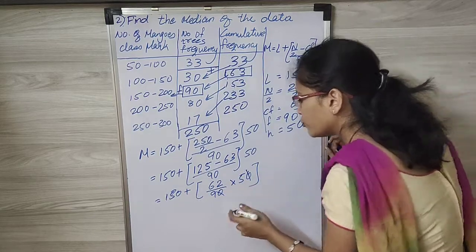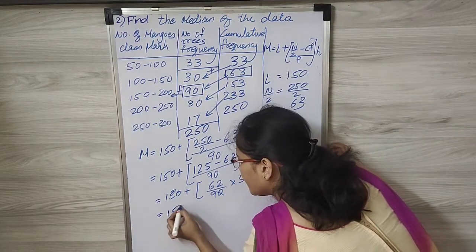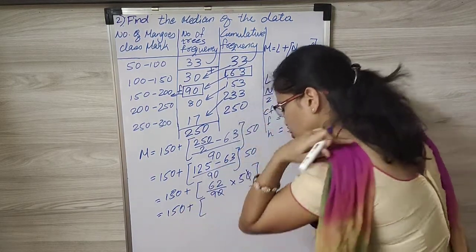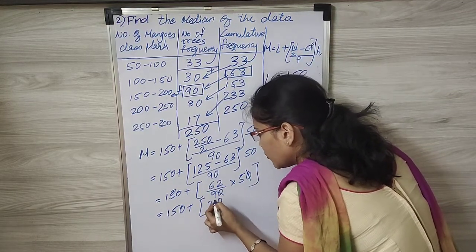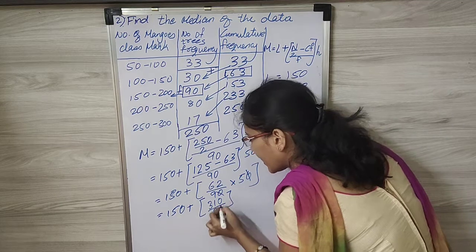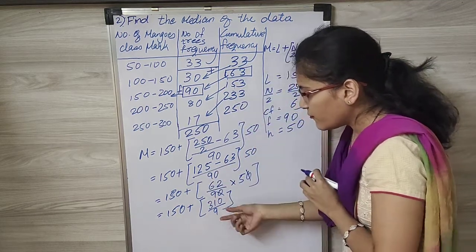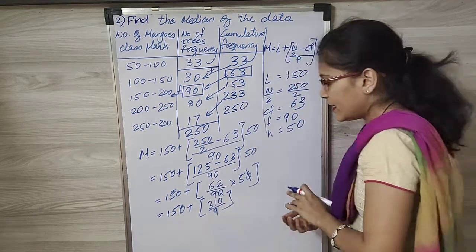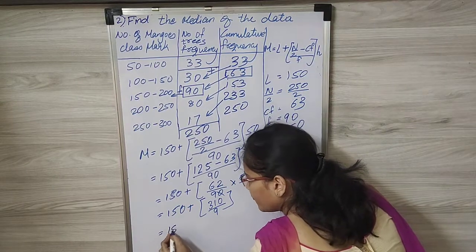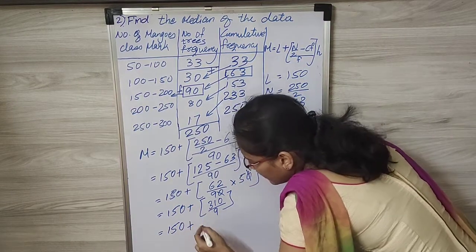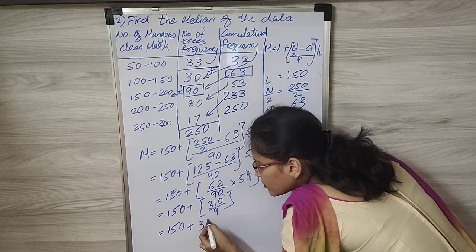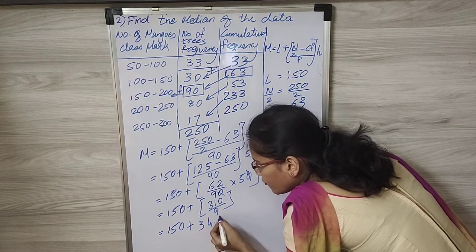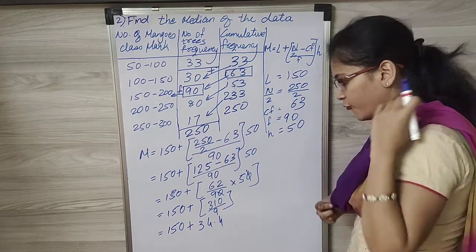Now 62 into 5, so 150 plus 62 into 5 becomes 310 whole divided by 9. Now you have to divide 310 by 9. So this becomes 150 plus 34.4.